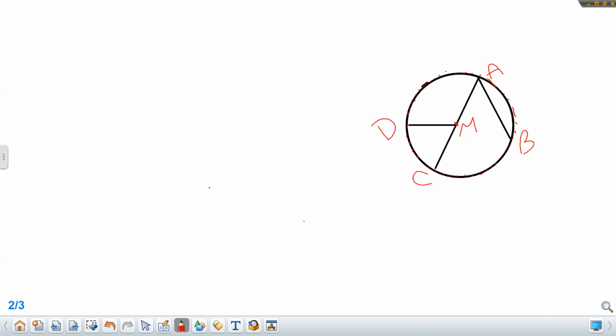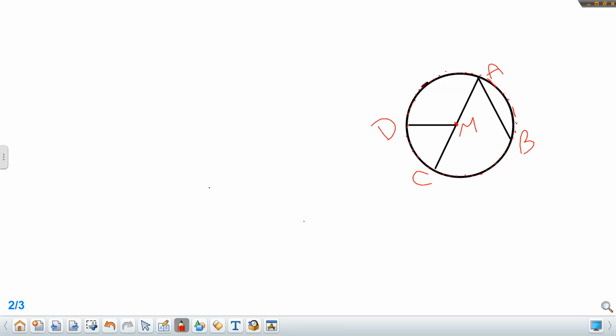Again, what's the definition of the circle? The circle is a closed curved line that contains an infinite number of points, all of them equidistant from a fixed point.